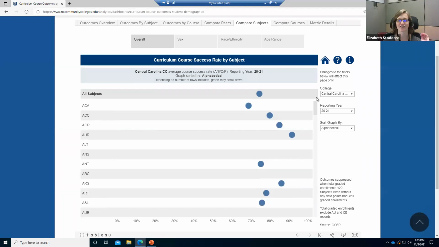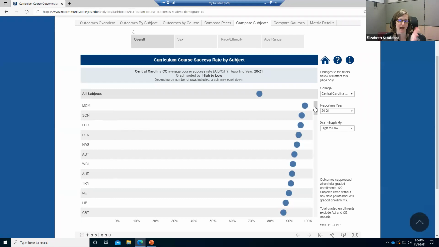So here you can compare the success rates for all of the subjects at your college. We can sort this graph either alphabetically, which is how we're seeing it, or from high to low. This gives you the view of the subjects, for this reporting year, where you had the highest success. In this case, it was motorcycle mechanics with a success rate greater than or equal to 95%.